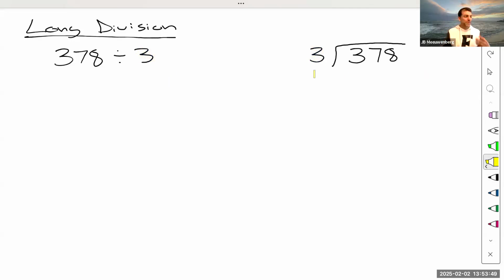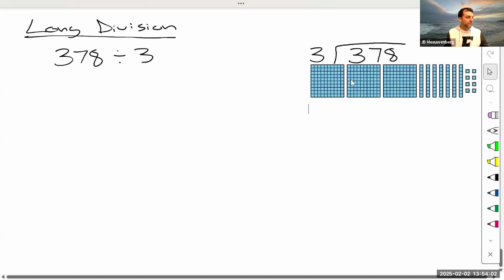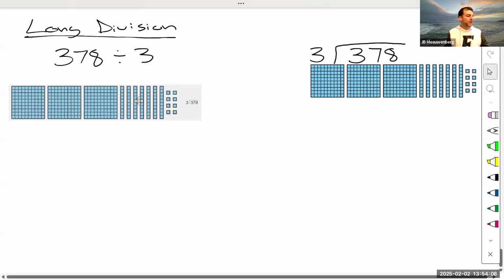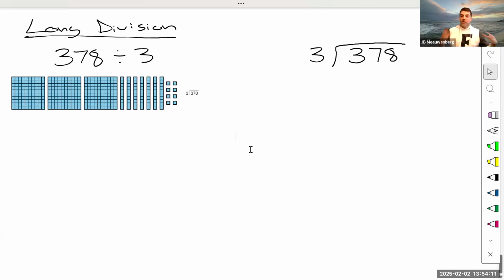Now, I'm going to take 378, and I'm going to just put the image of it right here so we can see what 378 would look like. And for some reason, I'm not able to. There we go. 378. So if you have your pieces, you're going to have something that looks like that. 3 flats, 7 longs, and 8 units. 378.